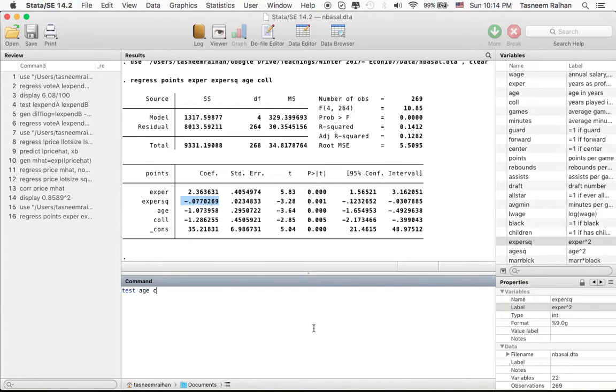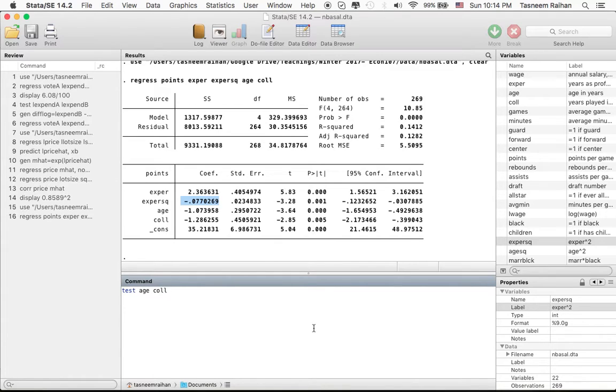test age coll. After you do this test, you should look at the p-value of the F statistic and see if that is lower or greater than 0.05. If it's smaller than 0.05, you reject. If it's greater than 0.05, you fail to reject.